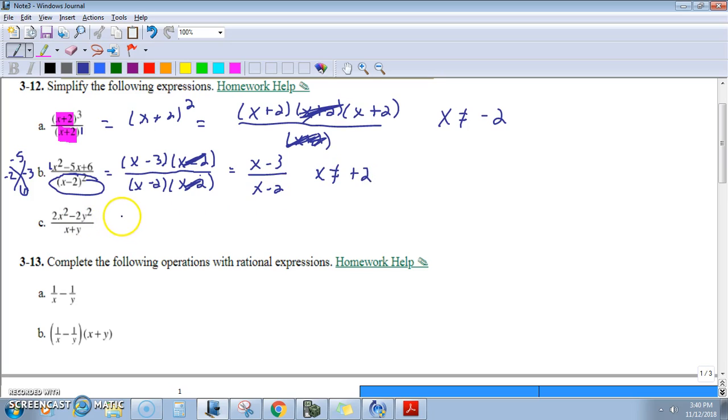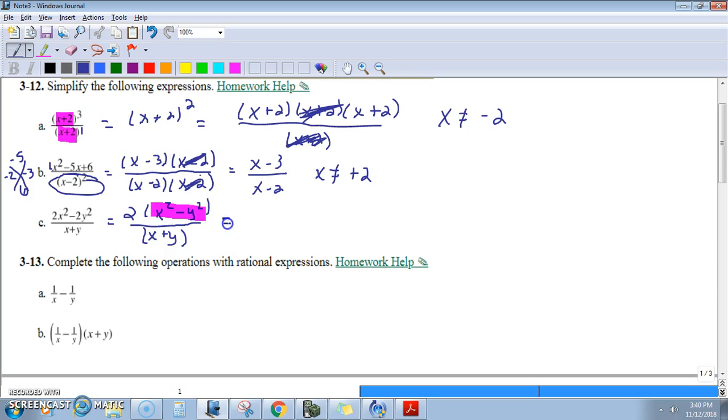All right, what am I going to do here? Here, I'm going to factor out a 2. I'm just looking for things to do. And that gives me x squared minus y squared on the numerator all over x plus y on the denominator. And I see now what's in the middle there, x squared minus y squared, that's the difference of squares.